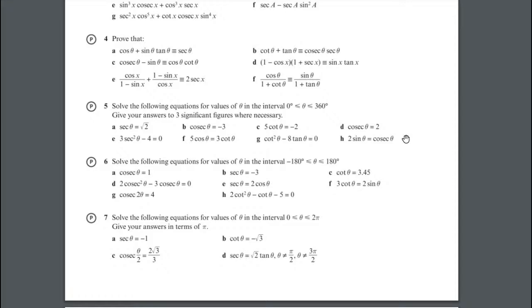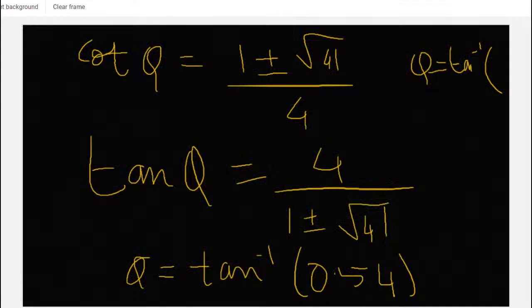It is 0.54. So theta is equal to tan inverse 0.54, and theta is equal to tan inverse of minus 0.74.